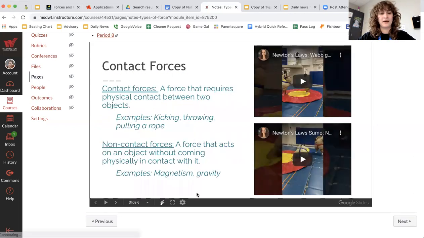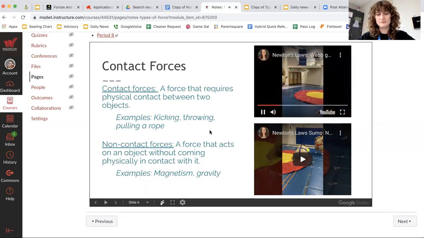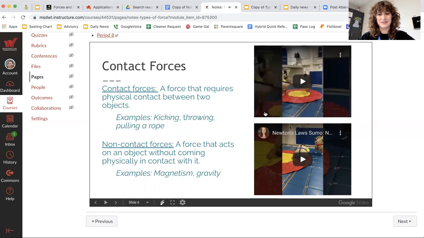All right, and then we have two fun videos for you to watch over and over again. Contact forces: any force that requires two things to be in contact. For example, kicking, throwing, pulling a rope, or this. That's a contact force. Then we have non-contact forces.